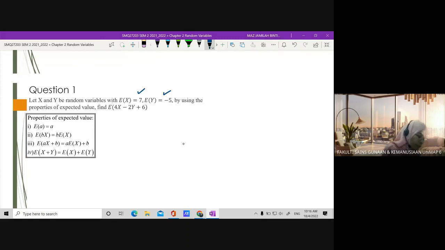Okay, so this one is very easy, straightforward, just to give you the feeling of how to solve this. So this will be 4 times expected value of x minus expected value of 2y plus expected value of 6. And then you can solve this, becomes 4E(x) minus 2E(y) plus 6.